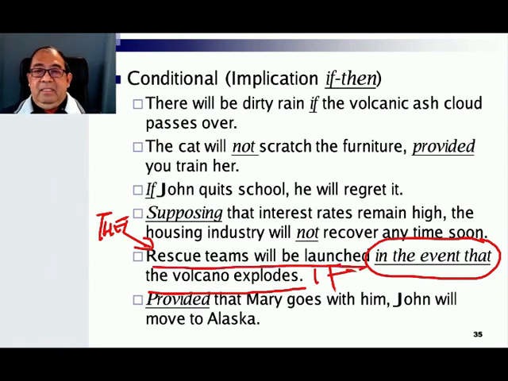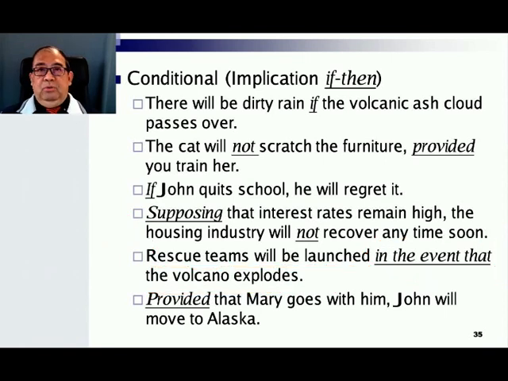So it means that if the volcano explodes, then the rescue team will be launched. This is exactly the same. If the volcano explodes, then the rescue team will be launched. But in English, there's another way.